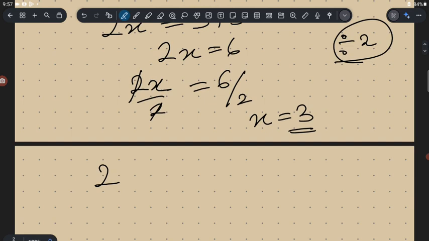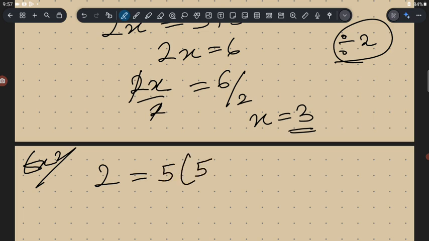Let's say example 2. We have 2 is equal to 5 on 2, 5z minus 2, minus 9 on 2, 3z minus 2.